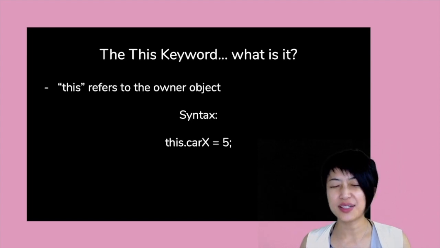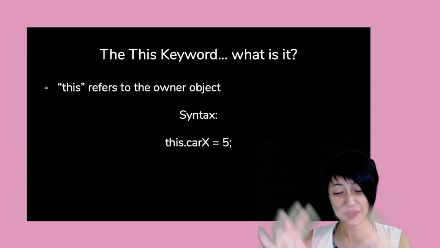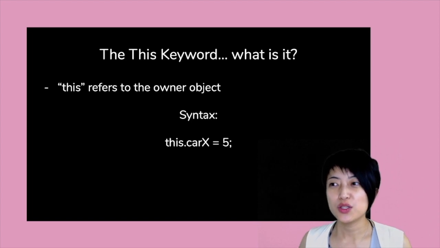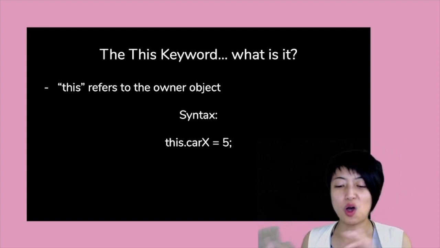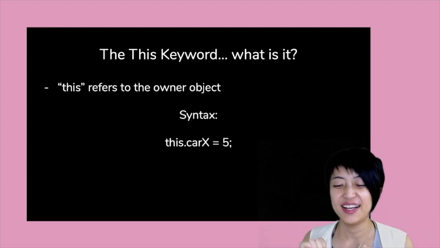I know this sounds really confusing right now, but an easier way to say it is that this word this is saying, hey, this car X belongs to this class blueprint, and specifically belongs to the object that's going to get populated and pop out in the world. It doesn't belong to anyone else but this car, right?